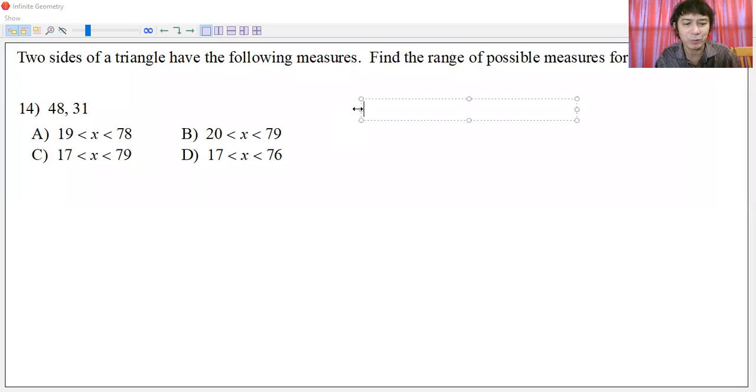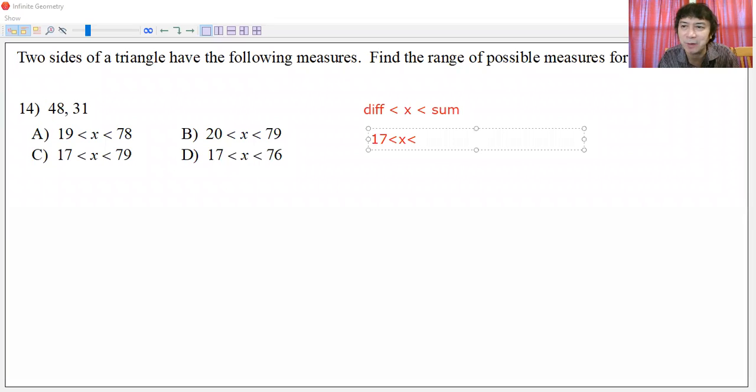We have difference, then x, and then sum. Let's have the difference. That looks like 17: 48 minus 31, 8 minus 1 is 7, 4 minus 3 is 1. So we have 17. How about the sum?